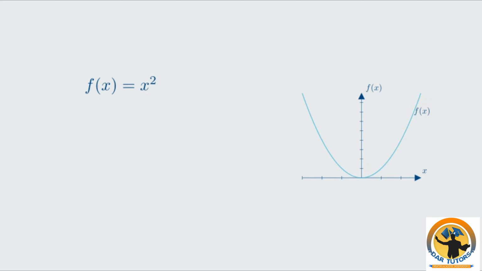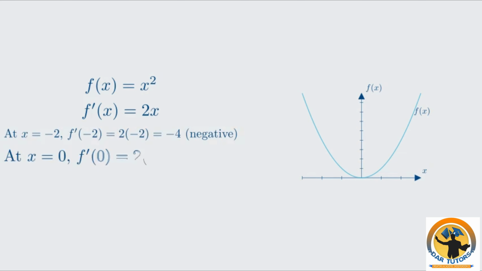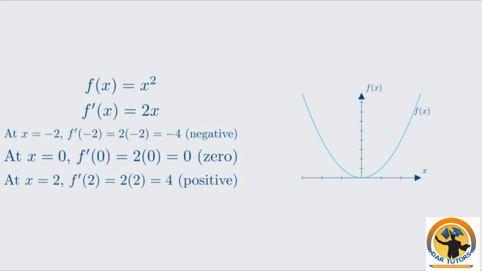This means the gradient function, f prime of x, cannot be a constant. In fact, for f of x equals x squared, the gradient function is f prime of x equals 2x. This is a linear function. Let's check this. At x equals minus 2, f prime of minus 2 is 2 times minus 2, which is minus 4, a negative gradient.